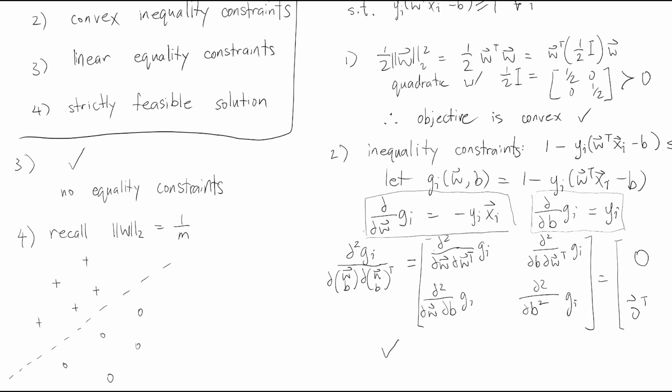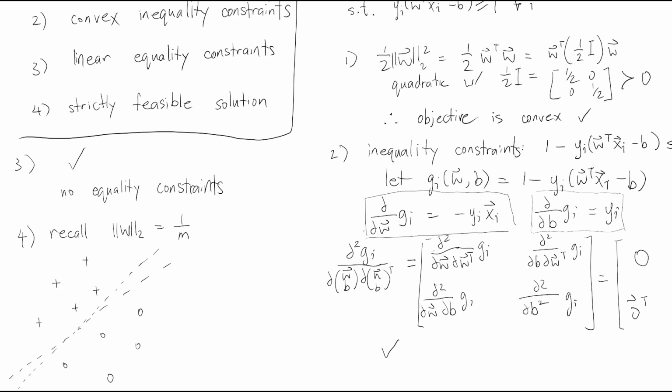If there exists a line that separates these two classes, then we can wiggle the line a little bit, meaning changing w and b slightly, and the line would still separate these two classes. So given a linearly separable data set, we're always able to wiggle a line that separates the two classes.